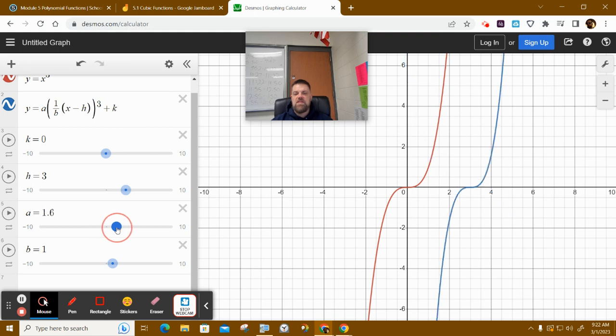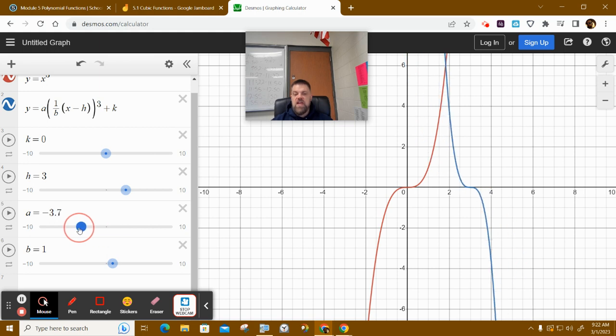Let me show you again. Positive, it flips it, right? And we need it to be at negative 1/2 or negative 0.5. Now, negative 1 flips it completely. There's no compression or expansion. Notice that the blue line looks very similar to the red curve. But when it's between 0 and negative 1, in other words, a fraction of some sort, it vertically compresses it.